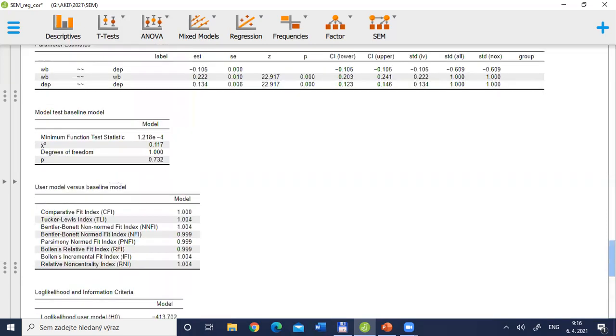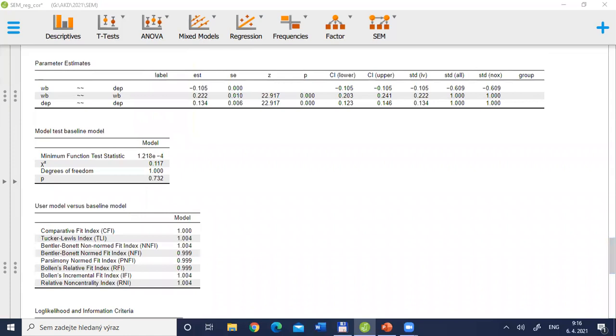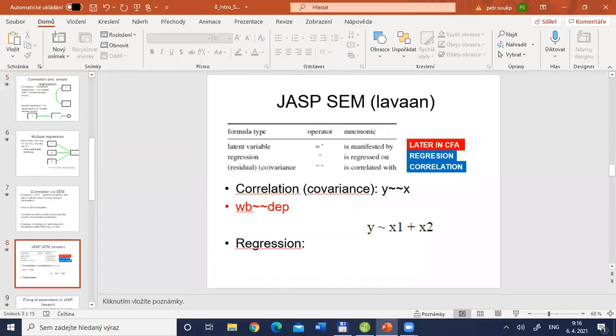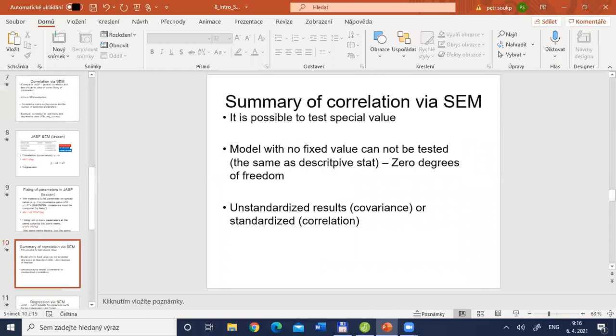Once again, if I slightly summarize what we have just covered, I would go back to slide number 10. If I have some expectation about the relationship based on a correlation or covariance value, I can, through SEM, test this value. If I take the model with no such fixed value, there is no option for testing or evaluating such a model, as this model is based on 0 degrees of freedom, and there is no space for testing or evaluation.